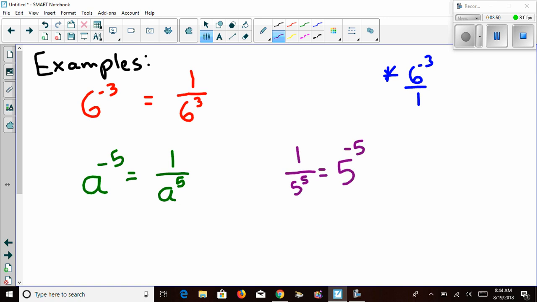If it asks you to write using only positive exponents, then your problems are going to look like the red and the green. But you could be asked to write using negative exponents. They're going to test you to see if you really know the material.